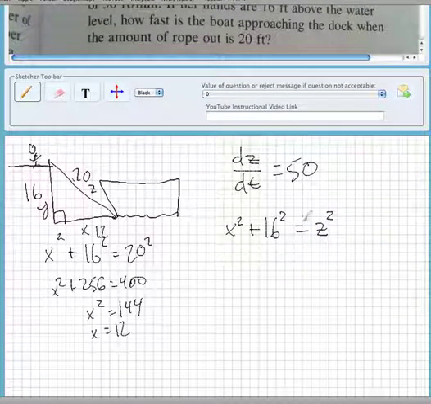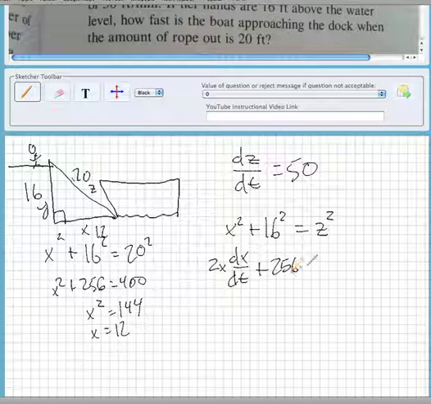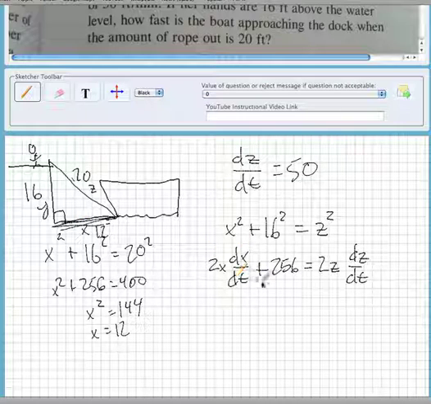So then if we take the derivative of this equation with respect to t, keeping in mind the chain rule, we're going to have 2x dx/dt plus, we'll multiply this out, 256, and this is going to be very similar, dz/dt. What we're trying to find is the rate at which the boat is coming in, and that's going to be dx/dt.